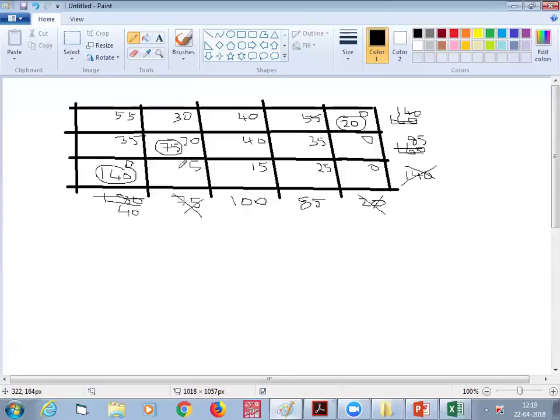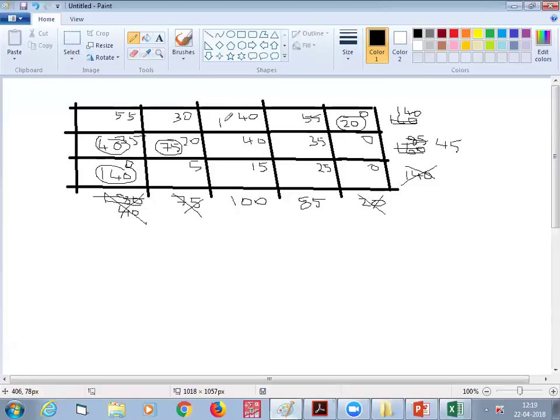Let's try allocating in these 35s next. So let's put a 40 here. Okay, 40 here. So this 40 is over. 85 minus 40 is 45 here. It shouldn't make any difference.